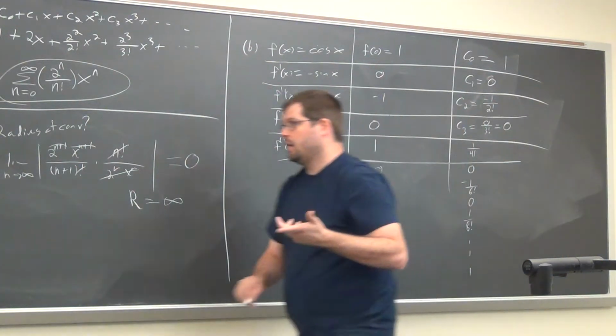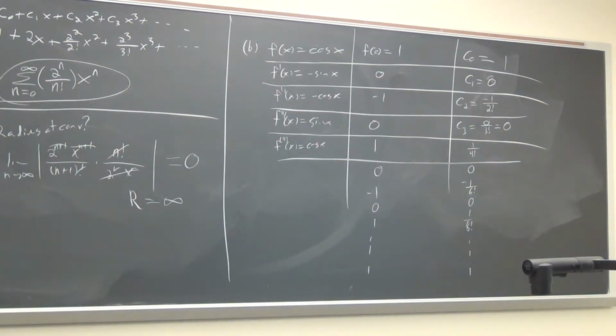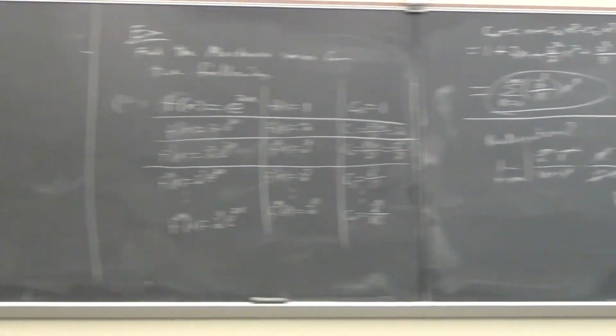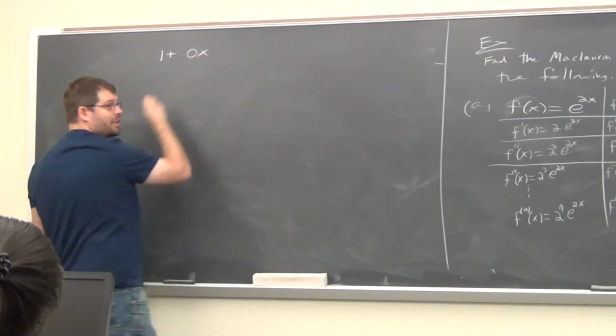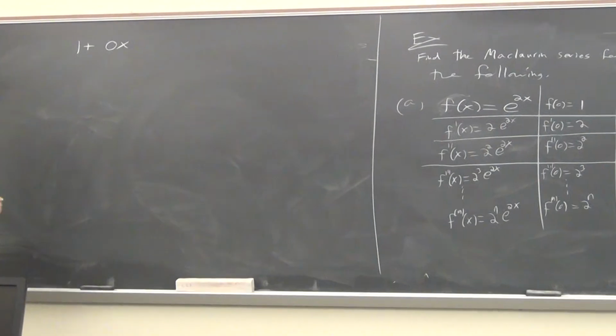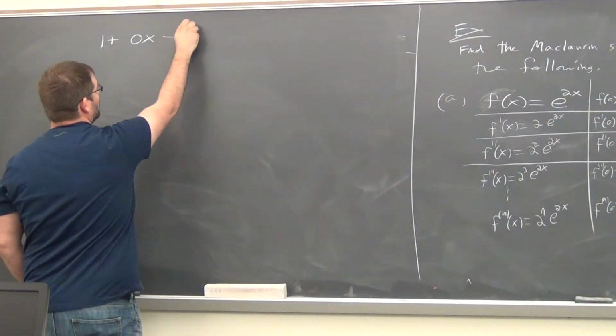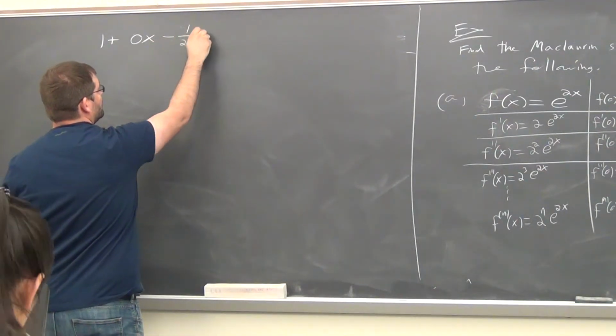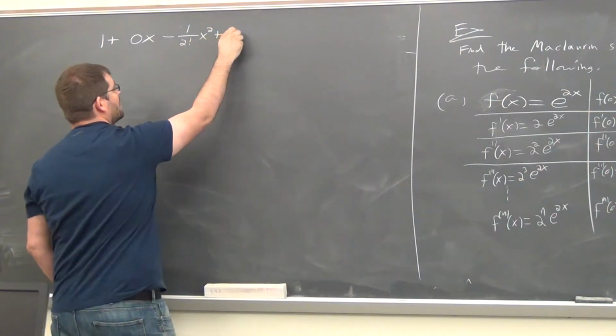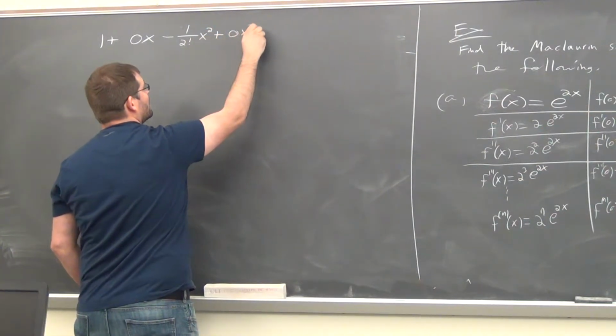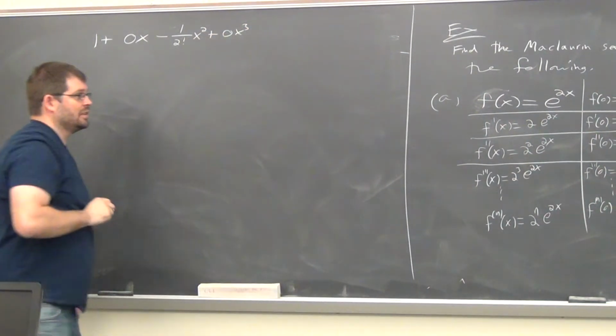So let's write it out real quick. So I get 1, and then I get no x's, right? 1 plus 0x, plus, or actually minus 1 over 2 factorial x squared plus 0x cubed. What's next then?